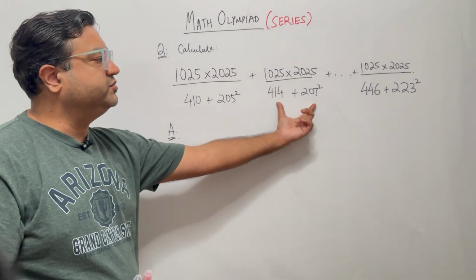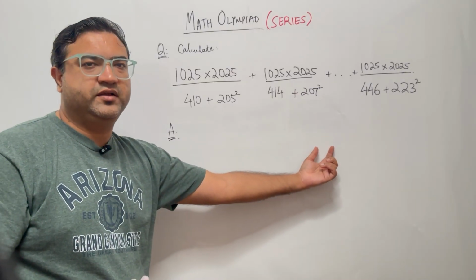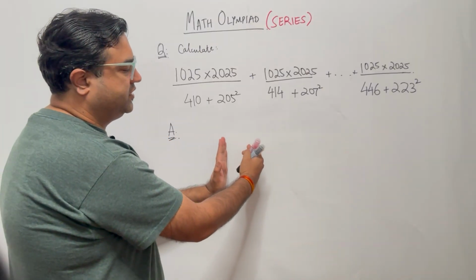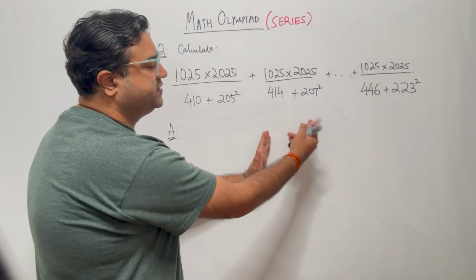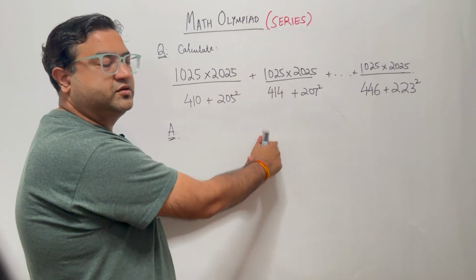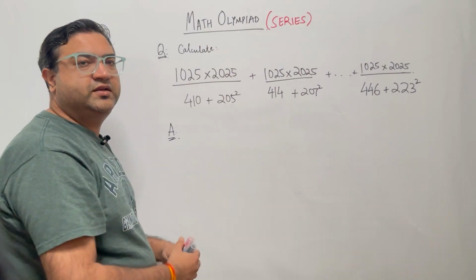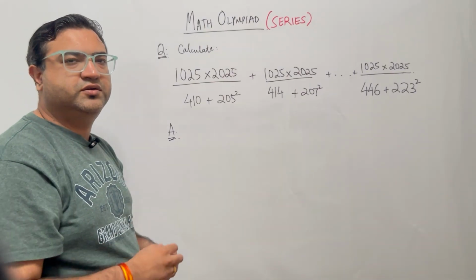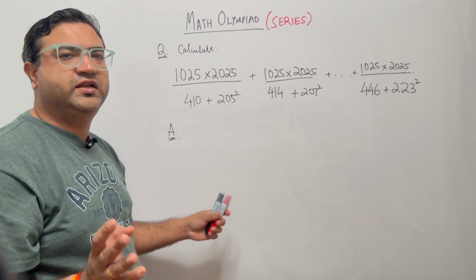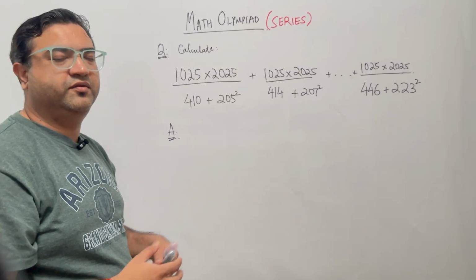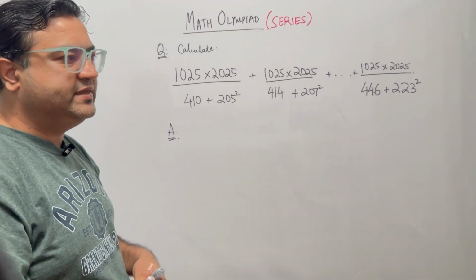Then the next term will split into another two terms, again positive and negative, and the first term's second negative fraction should cancel out with the second term's first positive fraction. In this way, we are able to clean up most of the series and get a very shortened version of it. That is how most series problems are generally solved. But here, this doesn't look like a very easy fraction.